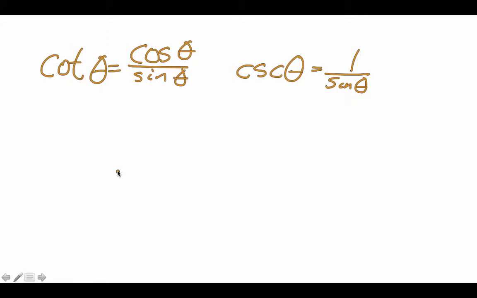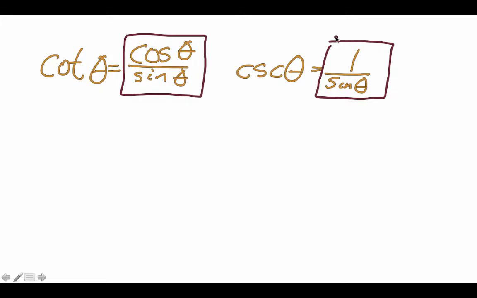So what I need you to understand, without going through a lot of explanation or a lot of deriving, is that these values are the exact same values of tangent, just in different positions, and these values here are the exact same values of the secant, but also in different positions.